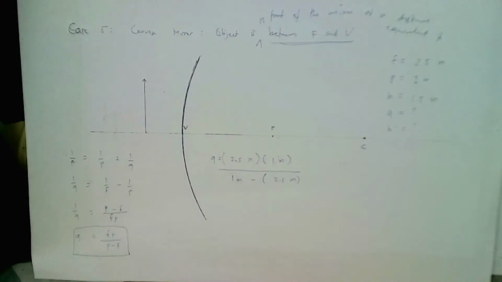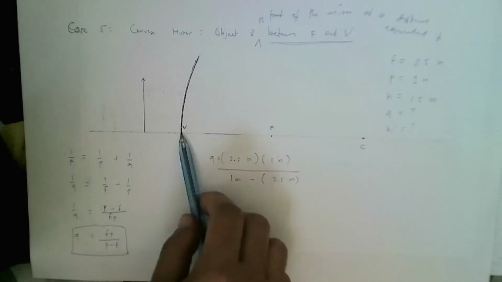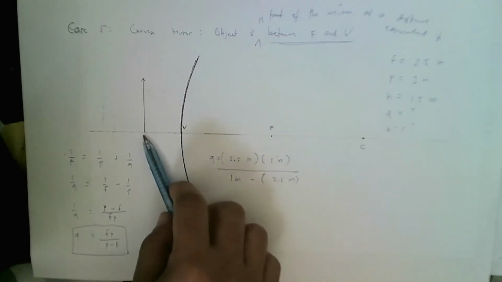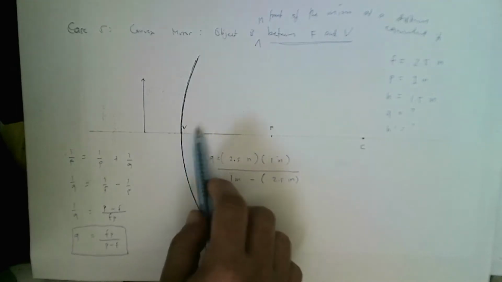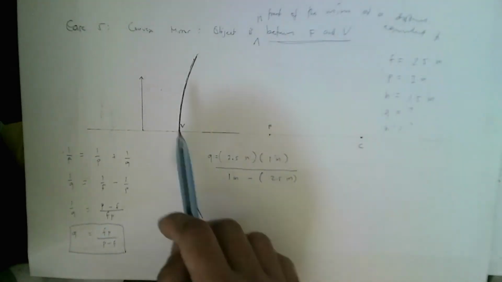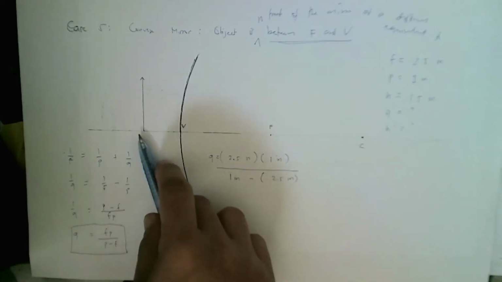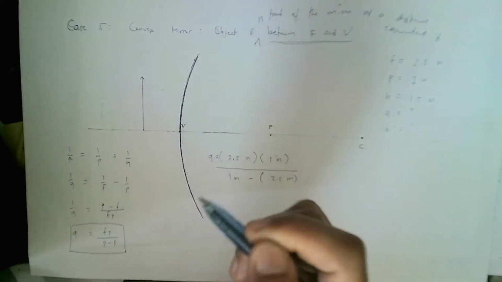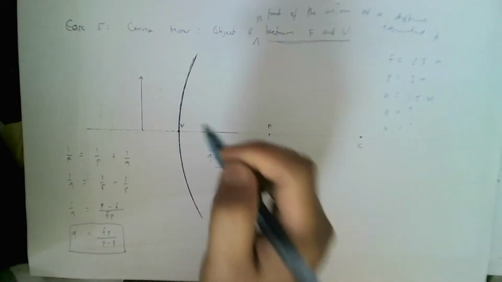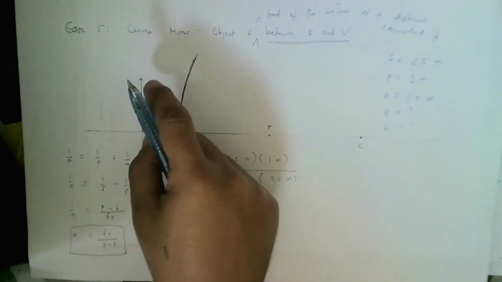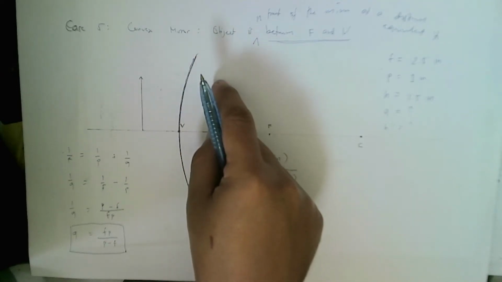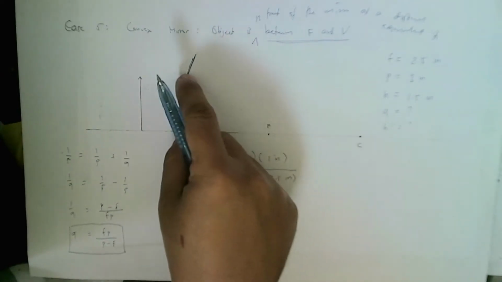Okay? So, if you look at our example, if we set this as positive direction, then here must be negative, right? I know that's confusing because in math, to the right is positive and to the left is negative. No, we are not looking at it from the math perspective. We are looking at it from a real sense because if you have an object, you cannot really place the object inside the mirror, right? You can only place the object in front of the mirror.